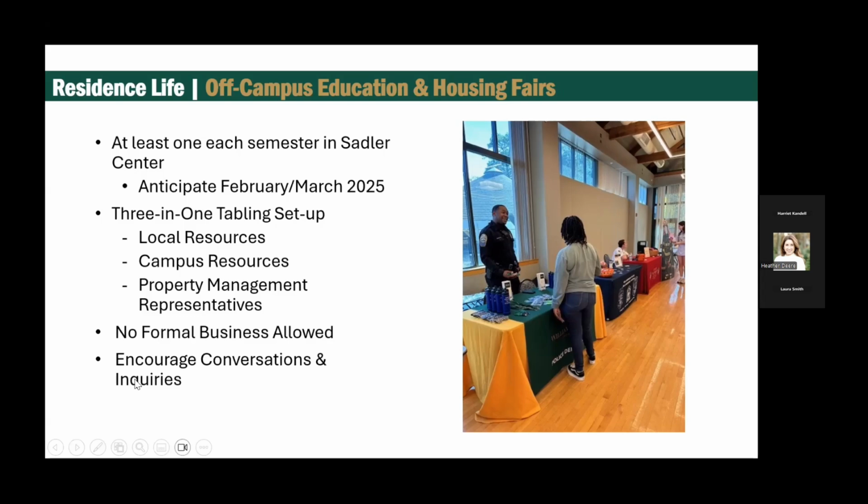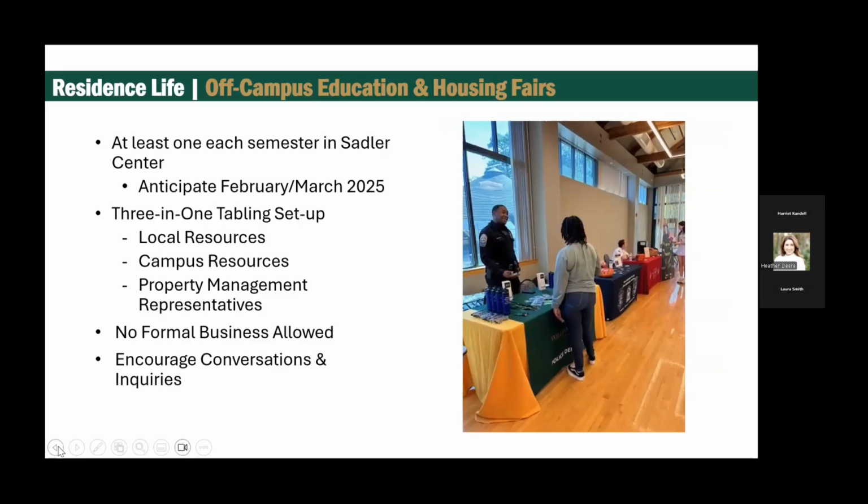And then we are again connected with our STEP office. They do a fantastic job of hosting an off-campus education and housing fair. They've done one already this fall, back in October, and there'll be another one in the spring, typically between February and March.